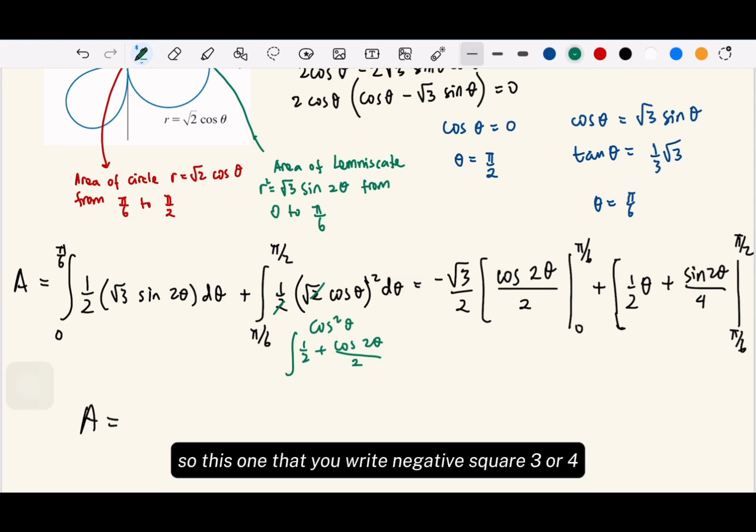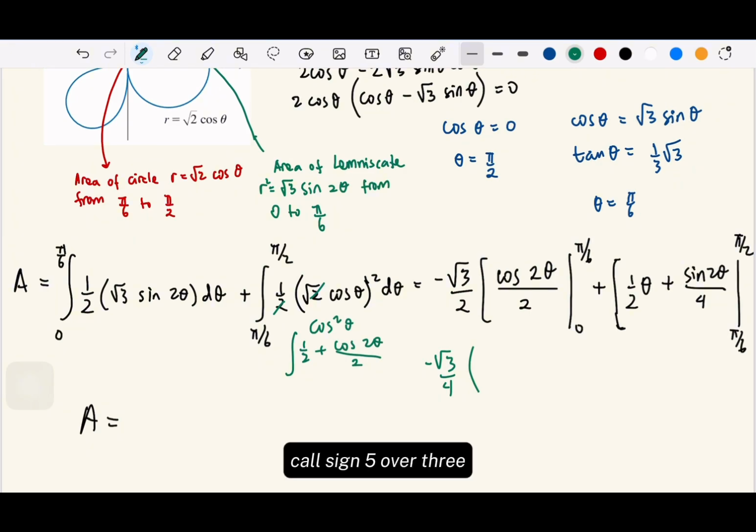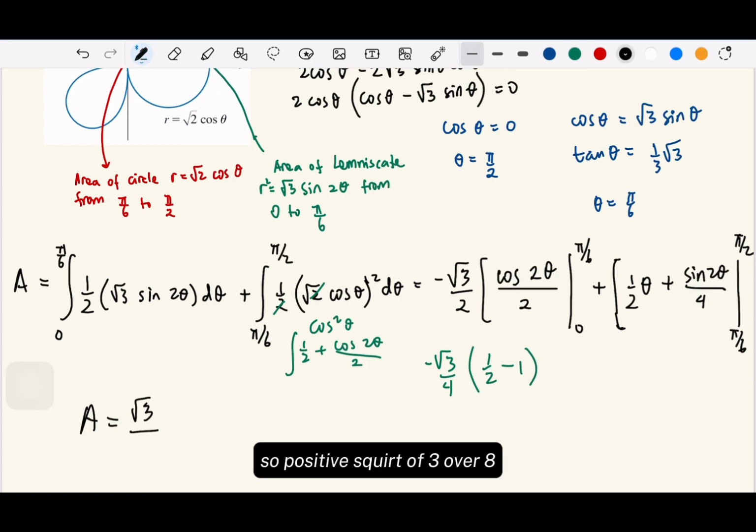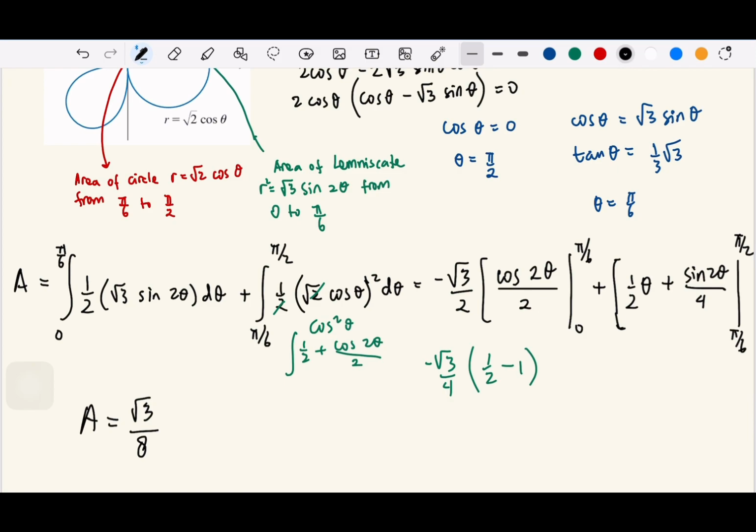So this one, let me write negative square root of 3 over 4 cosine pi over 3 is half, right? It's half. Let me write half. And then cosine 0 is 1. So minus 1, right? Okay. So half minus 1 minus half, so it will be positive. So positive square root of 3 over 8. And that's on the left one.